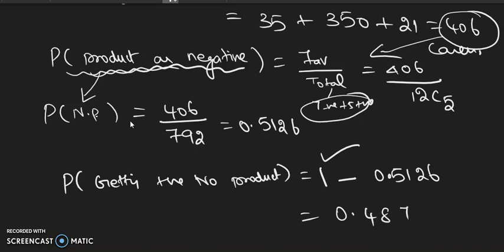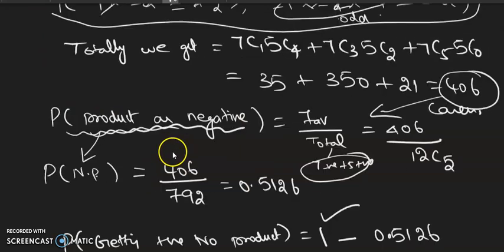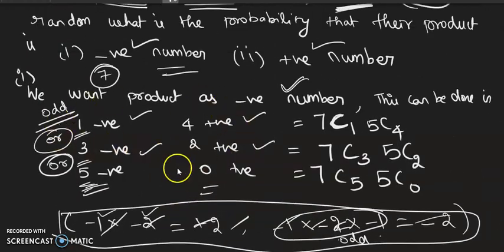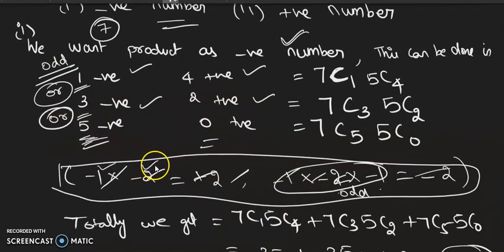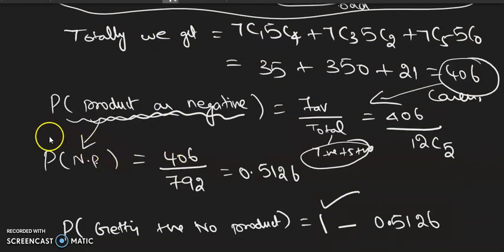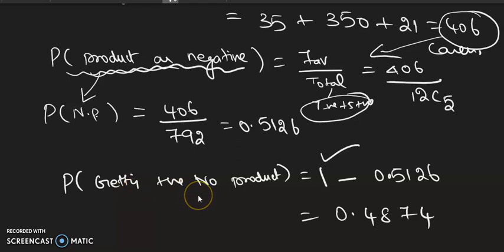So 0.4874. You can find it either way. You can discuss the cases as we did before, but it takes too much time since we have already calculated the probability of the negative product. So the probability of getting the positive product is 1 minus the negative product value. So this is the answer.